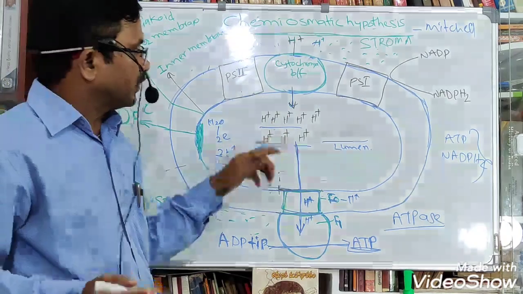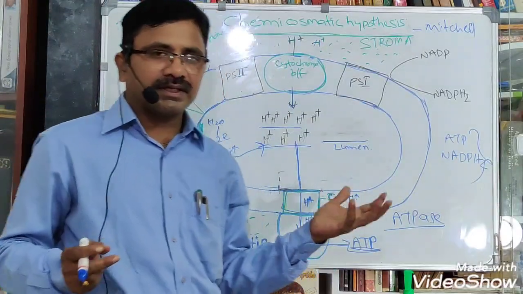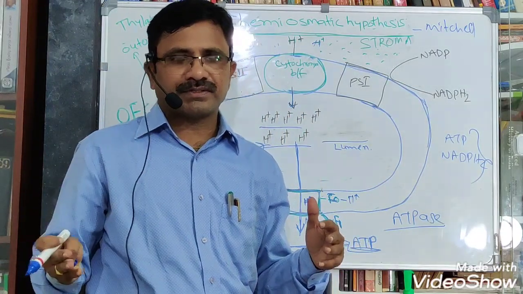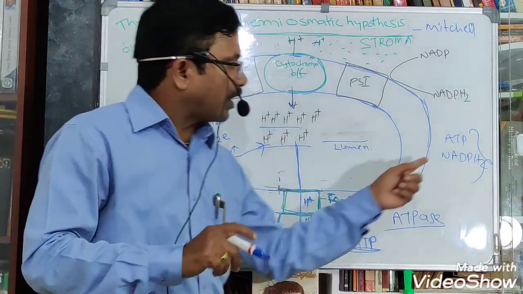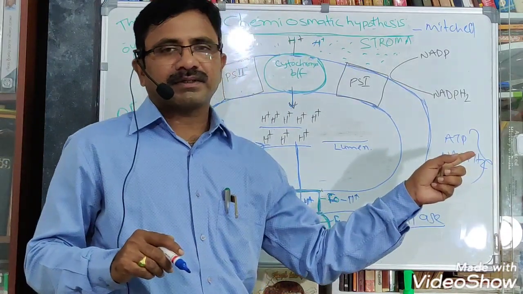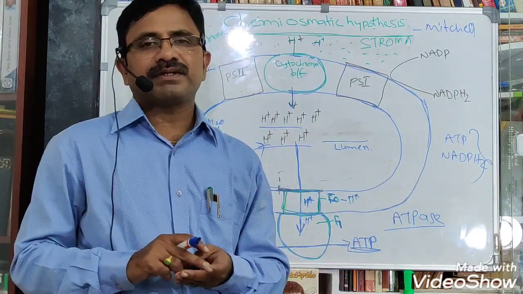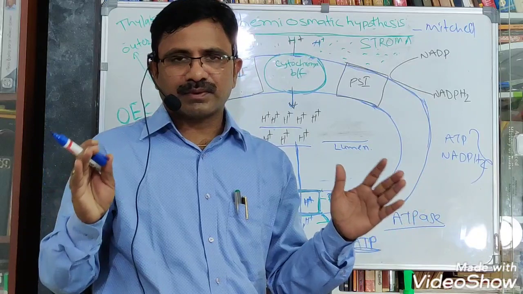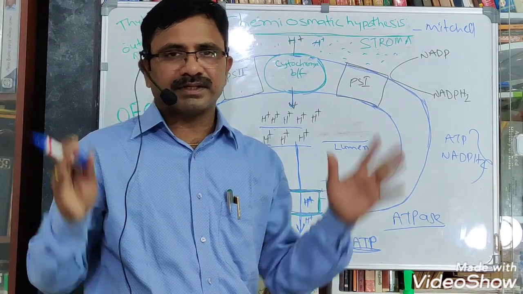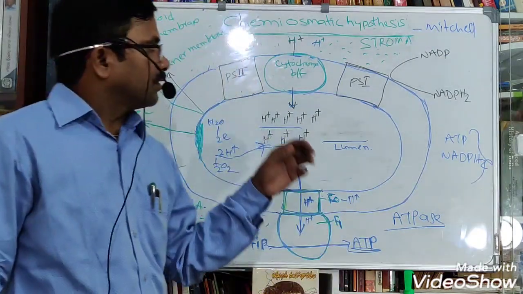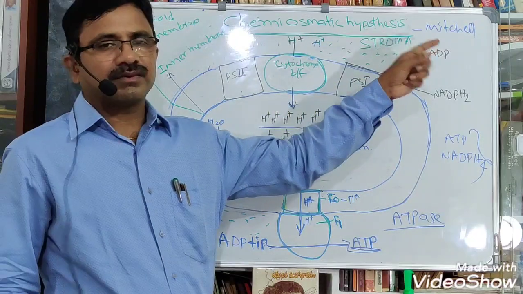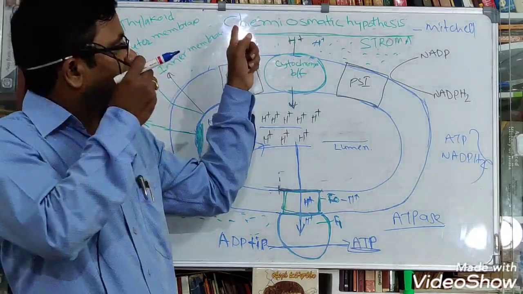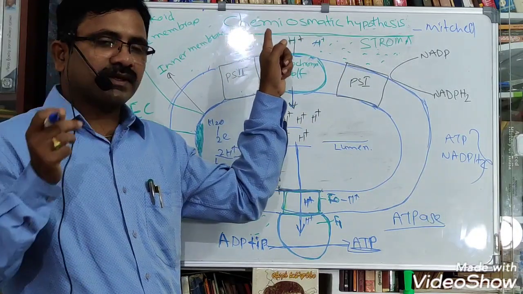So here we can discuss in detail, in photosynthesis or respiration, the formation of ATP is related with proton concentration gradient. Here Peter Mitchell proposed the chemiosmotic hypothesis.